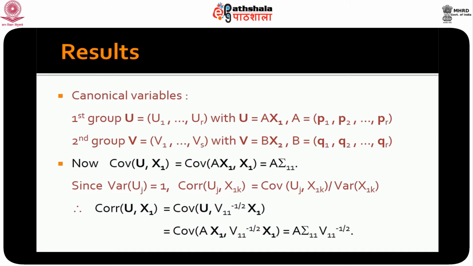And introducing this R by R diagonal matrix V11 to the power minus half, which we have used before when standardizing, the kth diagonal element sigma kk to the power minus half, which is the diagonal element of V11 to the power minus half, is the one we are using to standardize the Xk's.